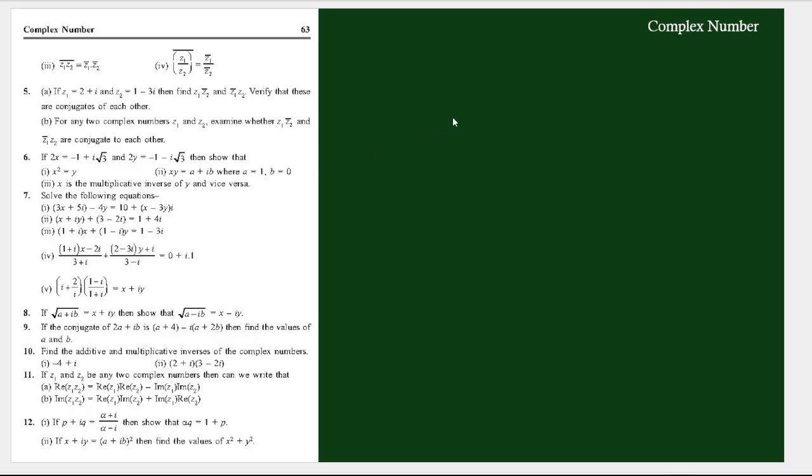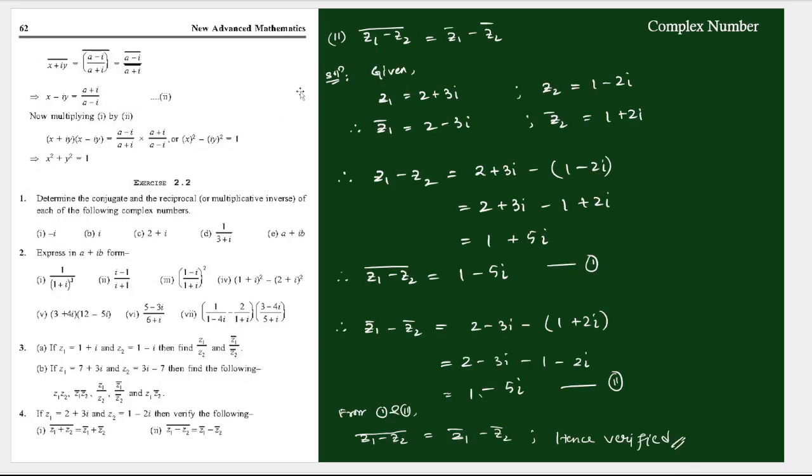Now number 3. z1 into z2 conjugate, z1 conjugate into z2 conjugate. So z1 is how much? Okay, so this one we will paste.